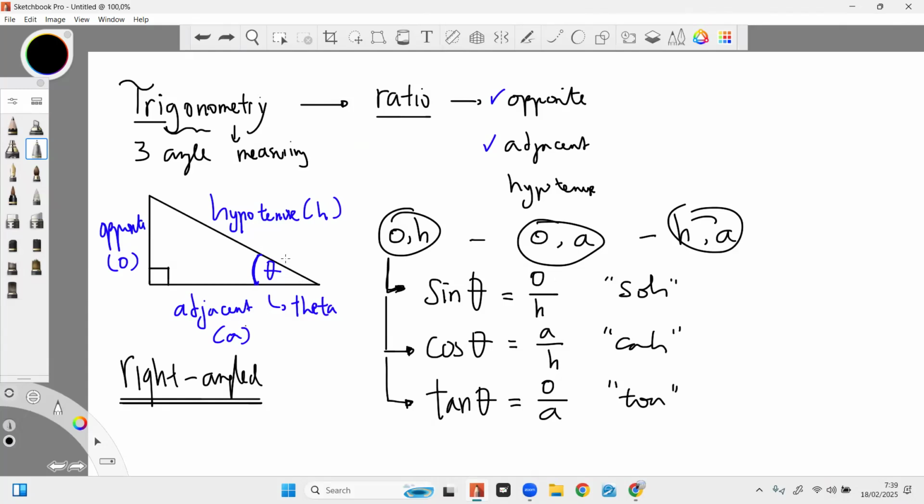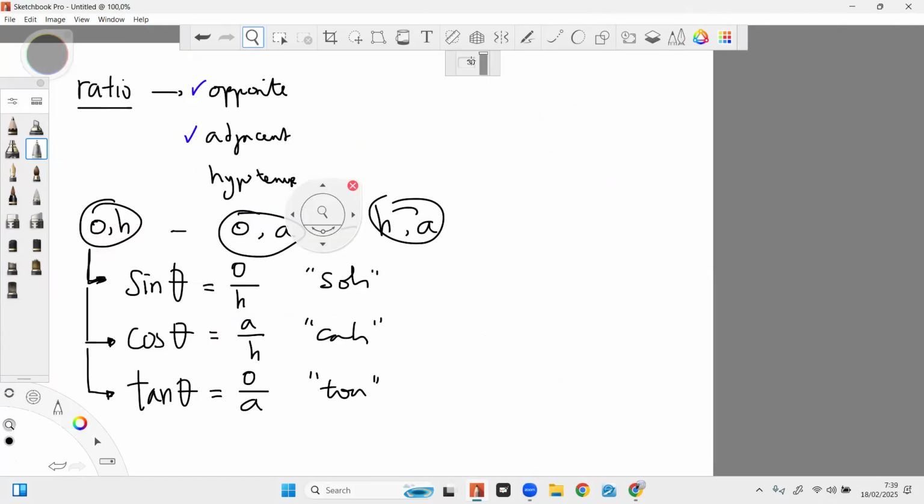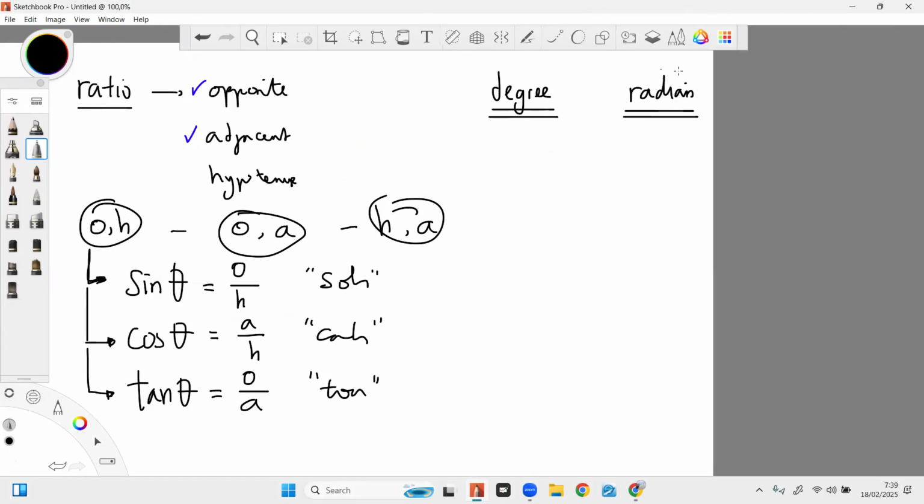Theta is an angle, and angle has two units. The first unit, what we usually use, is degree. And the second is called radian. So this is another form of the unit of angle, not only degree, but also radian.